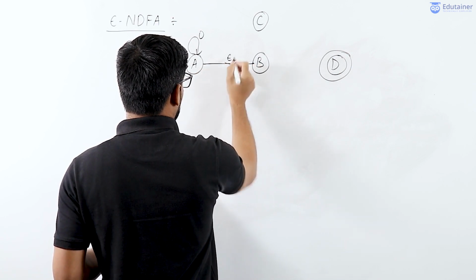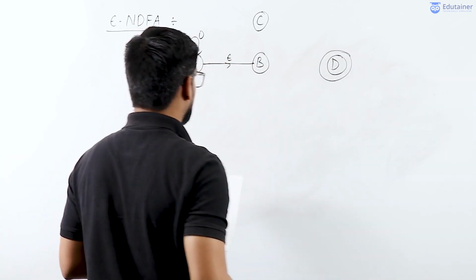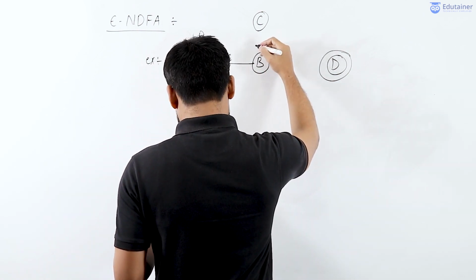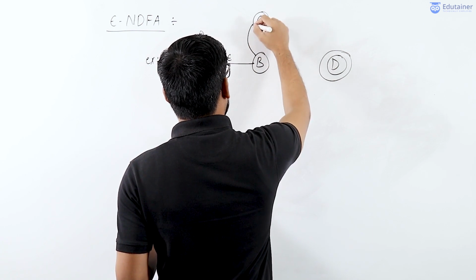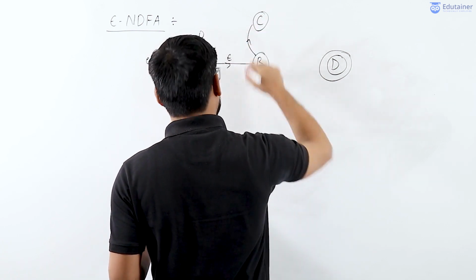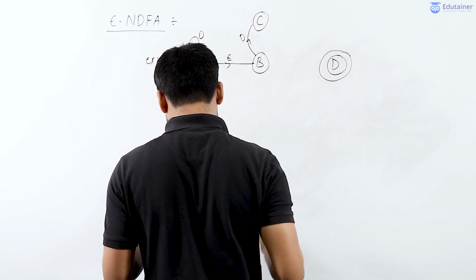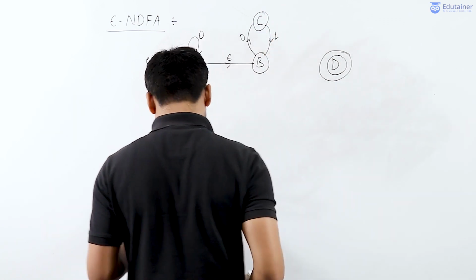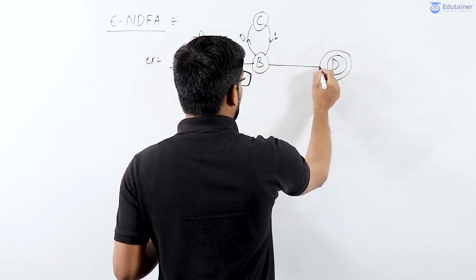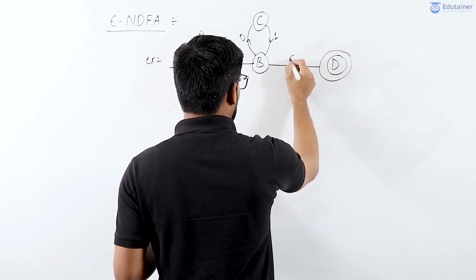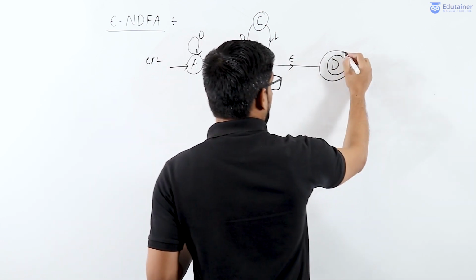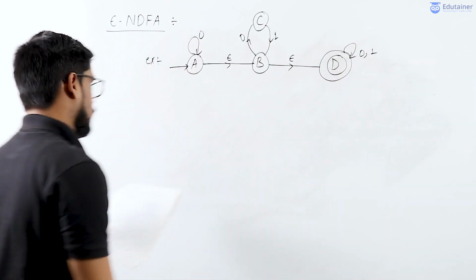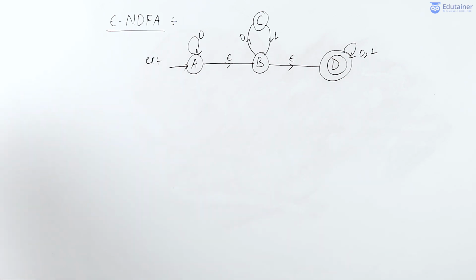If I take an epsilon move from A, I will go to the state B. Similarly, B will go to C by reading 0, and C will go to B by reading 1. B will go to D by reading the epsilon symbol, and D will accept any number of 0 and 1 on D itself.